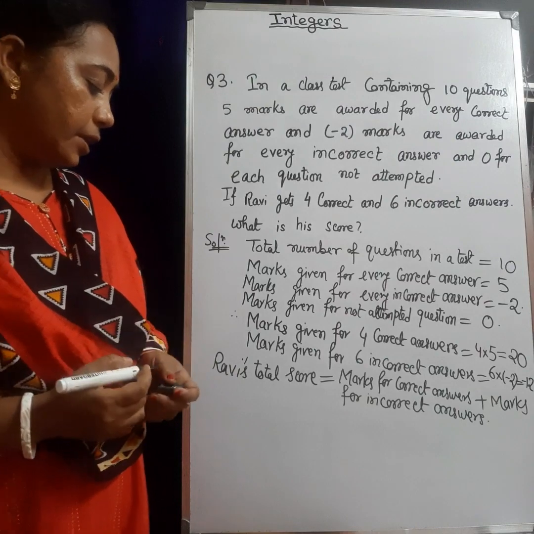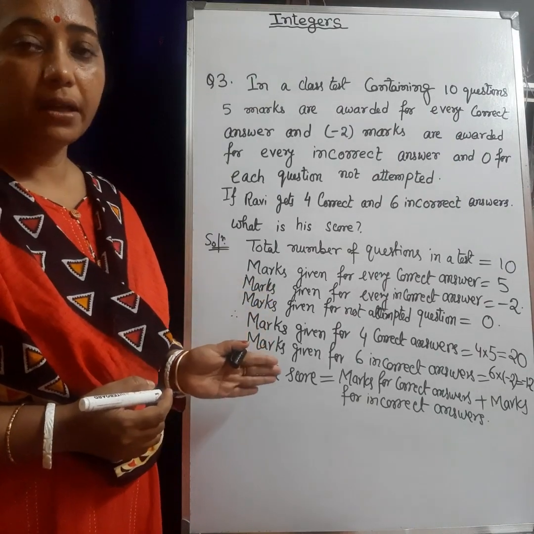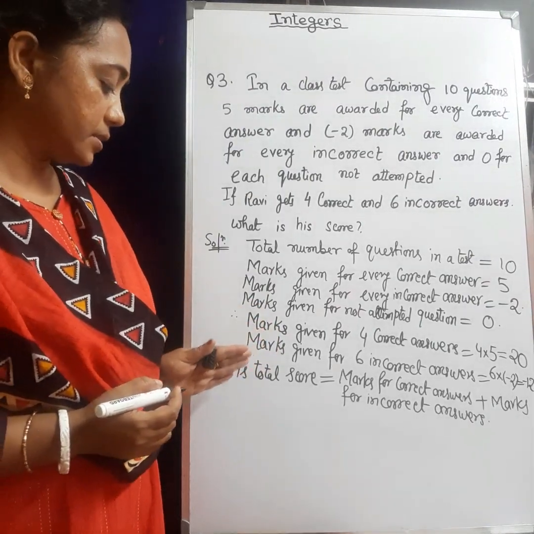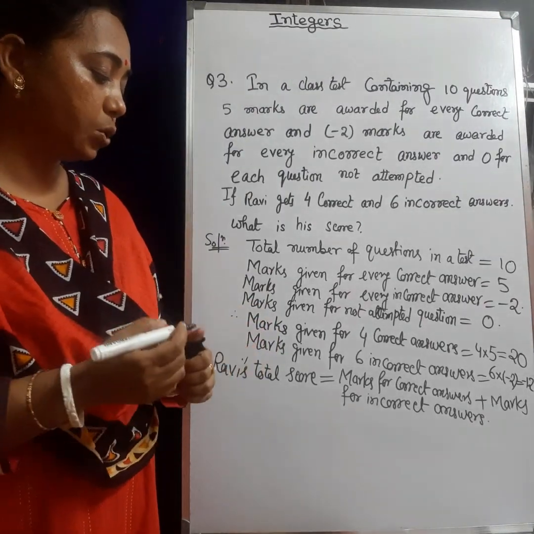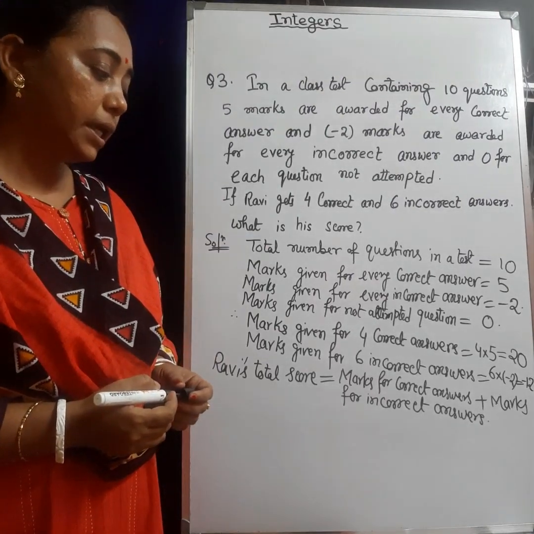So as the total number of questions is 10, there are 4 correct answers and 6 incorrect answers. Therefore, Ravi's total score will be equal to marks for correct answers plus marks given for incorrect answers.